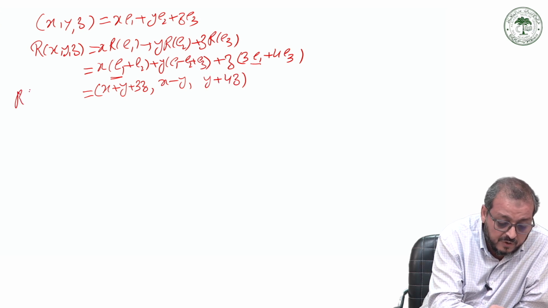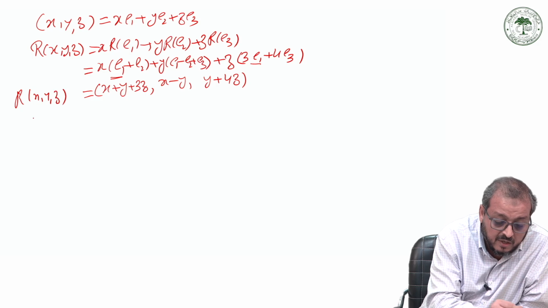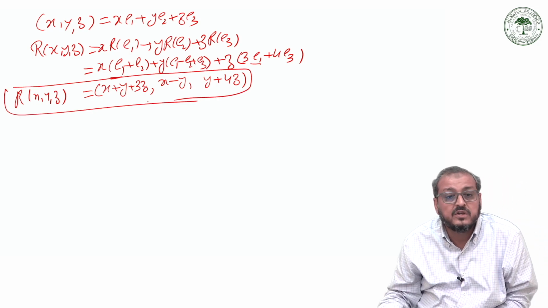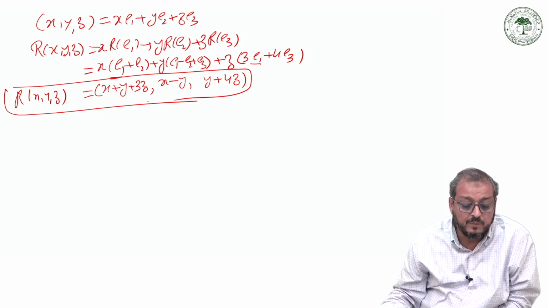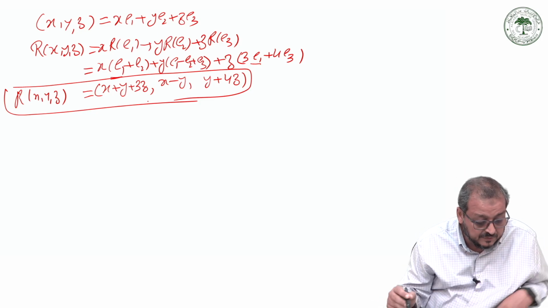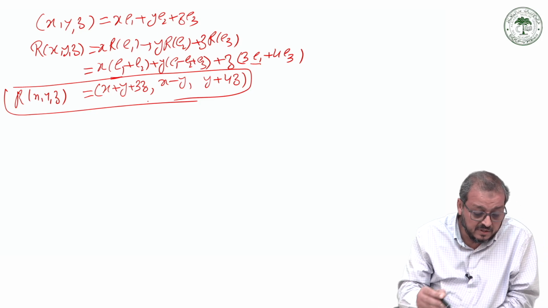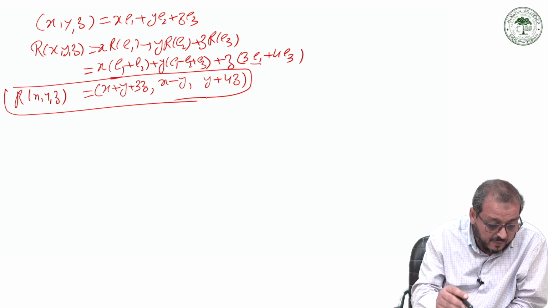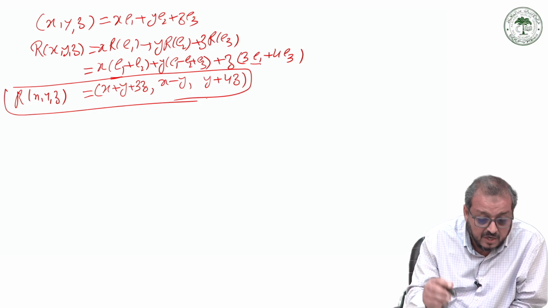So, R of x, y, z we can define in the general form of a linear transformation as x plus y plus 3z, x minus y, and then x plus y plus 4z.